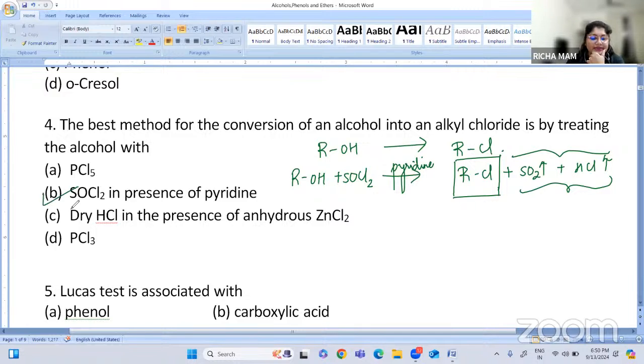This is the B answer. If they ask you why, the reason is that the byproducts obtained are gases, and gases will easily escape from the reaction mixture. So this is the best method. So option number.